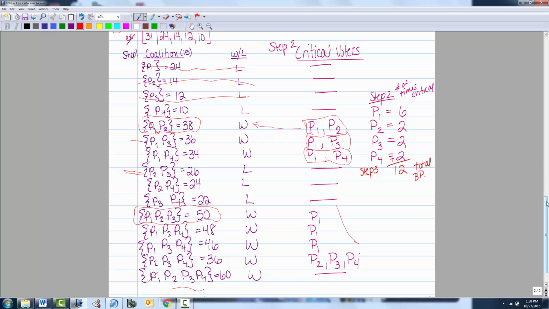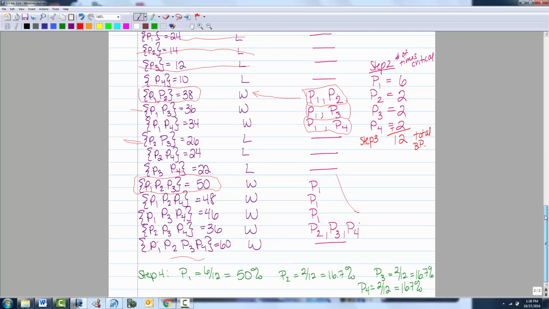To get their individual BPI, all you do is take their individual power number divided by the whole. So P1 has a BPI of 6 over 12, which is 50%. And the other 3 are all the same, 2 over 12, which is a BPI of 16.7%. I know it's a new word. It's simple once you memorize it.